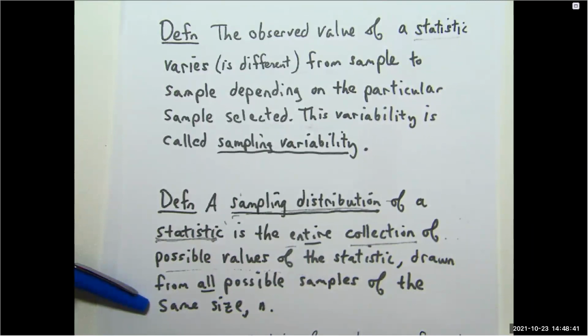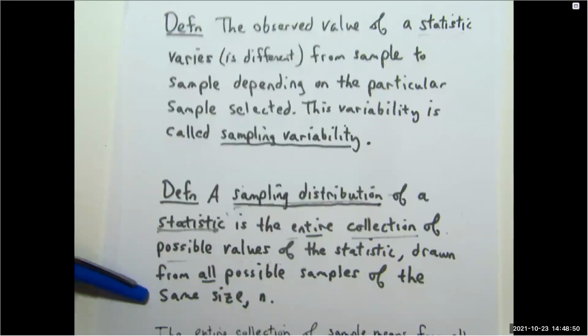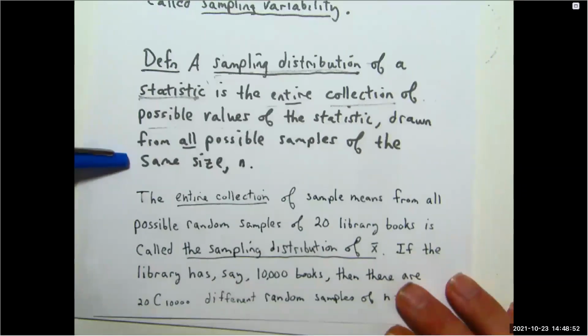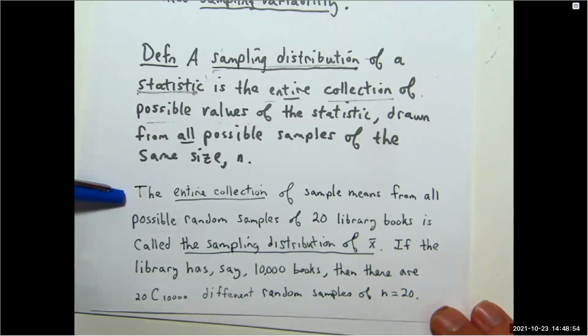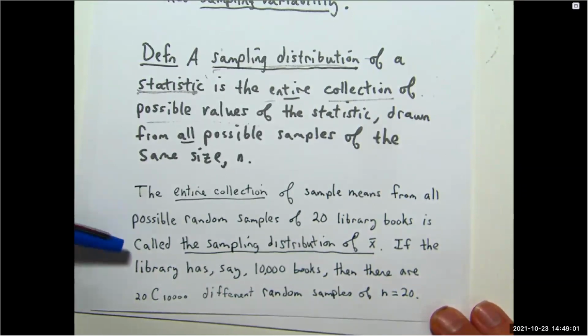So going back to the example of the library books, where X bar is the mean weight, or the average book weight, of a sample of 20, the entire collection of sample means from all possible random samples of 20 library books is called the sampling distribution of X bar.